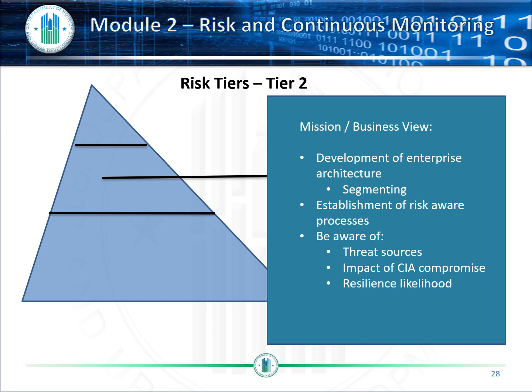Implementing risk-aware mission and business processes requires a thorough understanding of the organizational missions and business functions, and the relationships among missions and business functions and supporting processes. This understanding is a prerequisite to building mission and business processes sufficiently resilient to withstand a wide variety of threats, including routine and sophisticated cyber attacks, errors and accidents, and natural disasters.